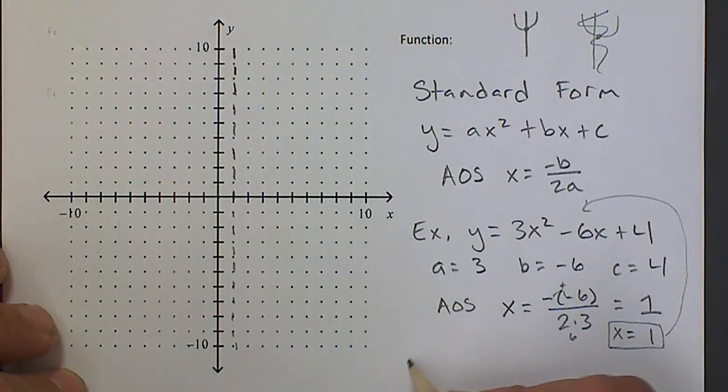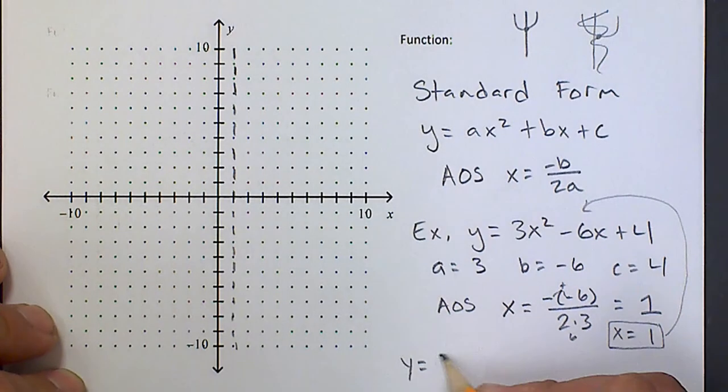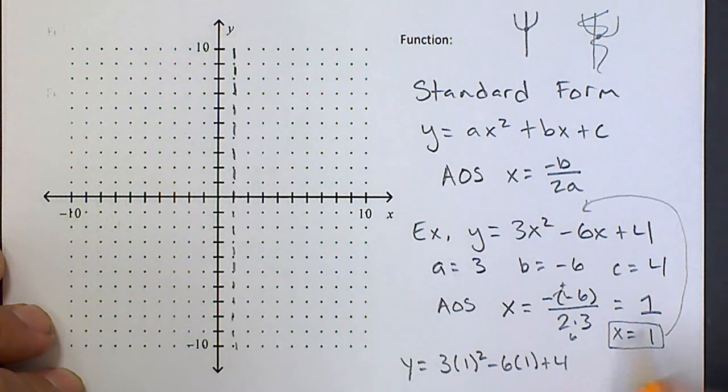We got y equals 3 times 1 squared minus 6 times 1 plus 4. 1 squared is 1. 1 times 3 is 3. Negative 6 times 1 is negative 6. 3 minus 6, negative 3 plus 4 equals 1. Okay, so the vertex is at 1, 1.